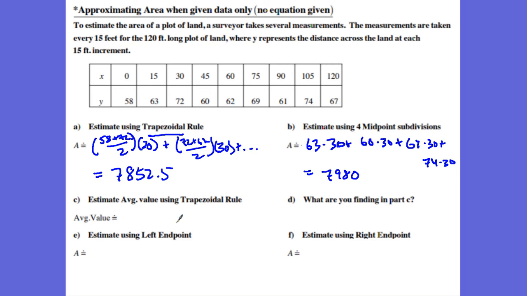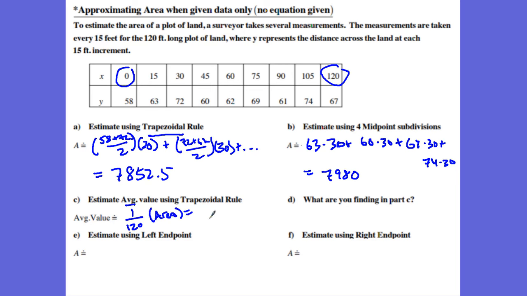Okay. Now, if I want to know the estimate average of that, remember, anytime I do an average, you're doing 1 over the final x minus the initial x, that's your limits of integration, which ends up being 120, of my area.